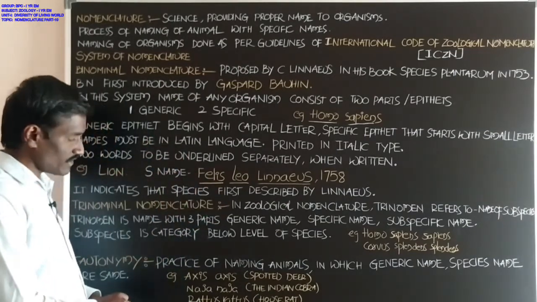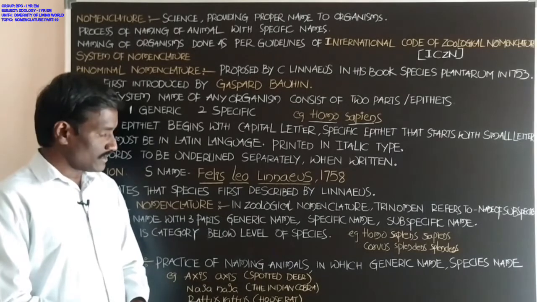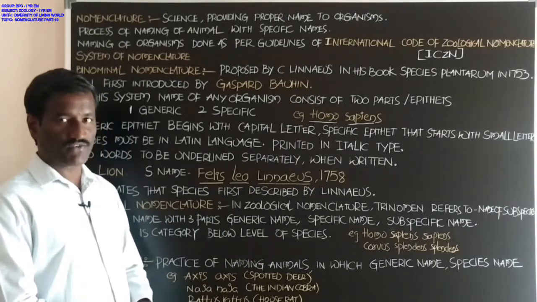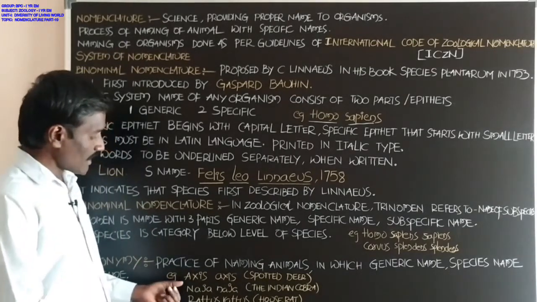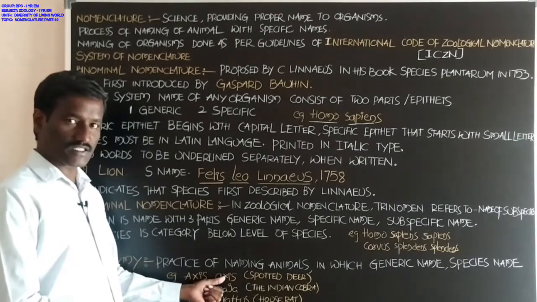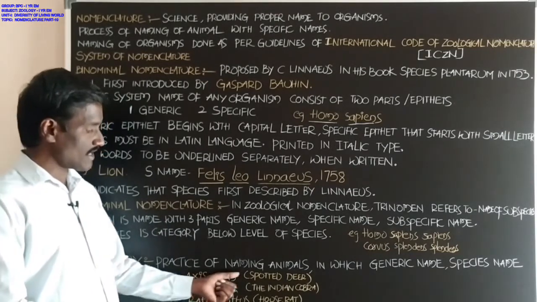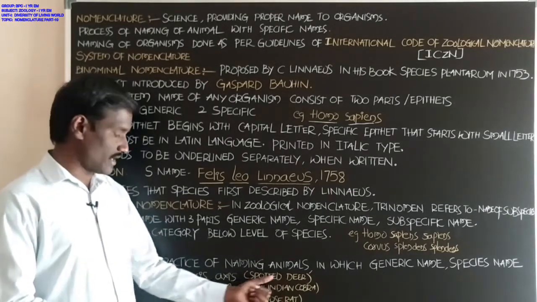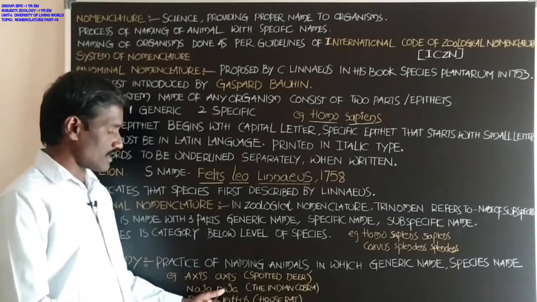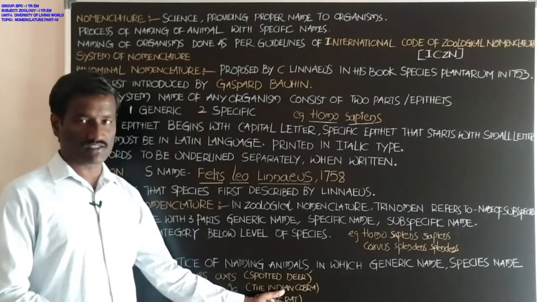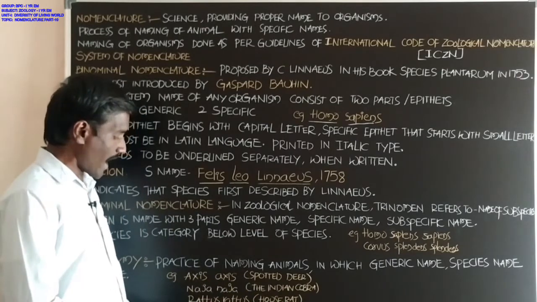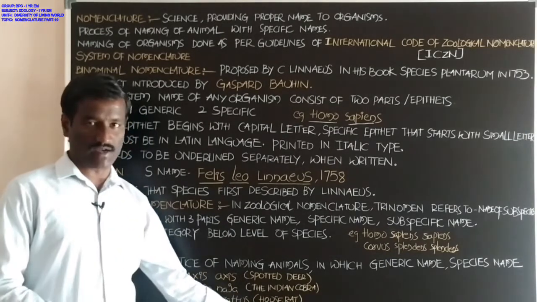For example, Axis axis, the spotted deer; Naja naja, the Indian cobra; and Rattus rattus, the house rat.